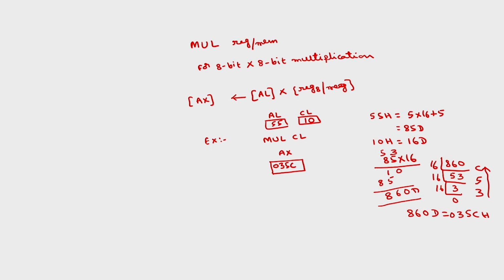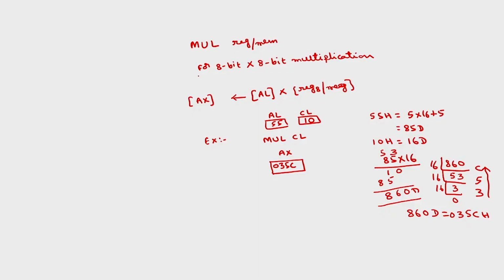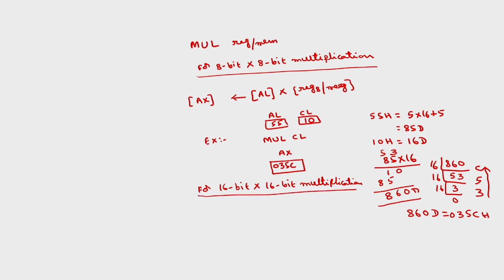Instead of a register, we can give memory also. The memory can be accessed using any one of the addressing modes that we discussed in the earlier classes. This is for 8 bit by 8 bit multiplication. For 16 bit by 16 bit multiplication, you have to specify the 16 bit register or a word from the memory.